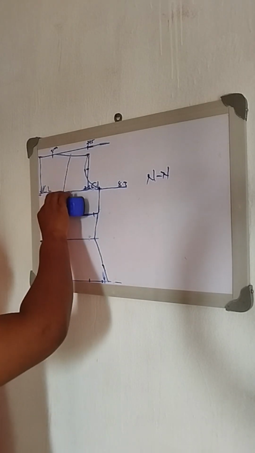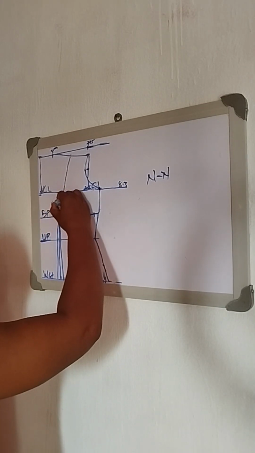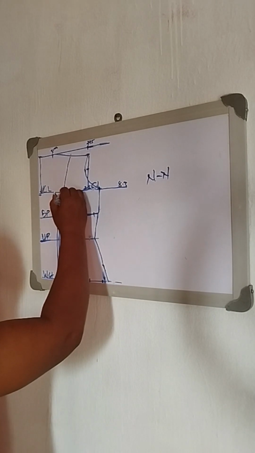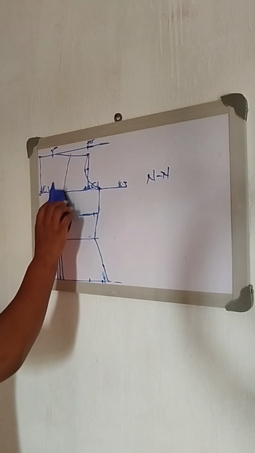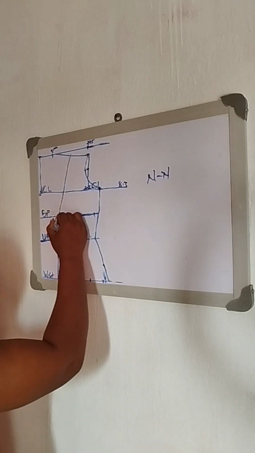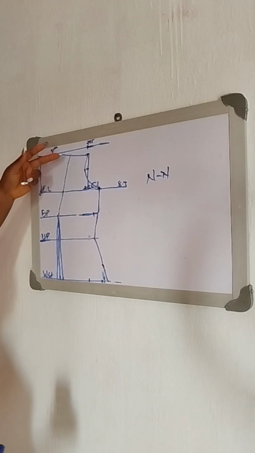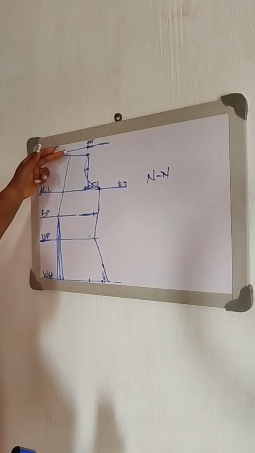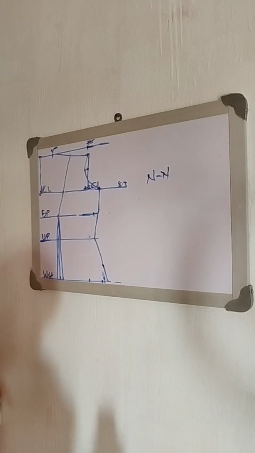Let me put that clean so you can see it well. This is our bust point, taking it this way. Okay, please ignore my hands shaking. It's actually not straight the way it should be. Pardon me. So this is dividing the shoulder dart by 2 and connecting it to your bust dart.